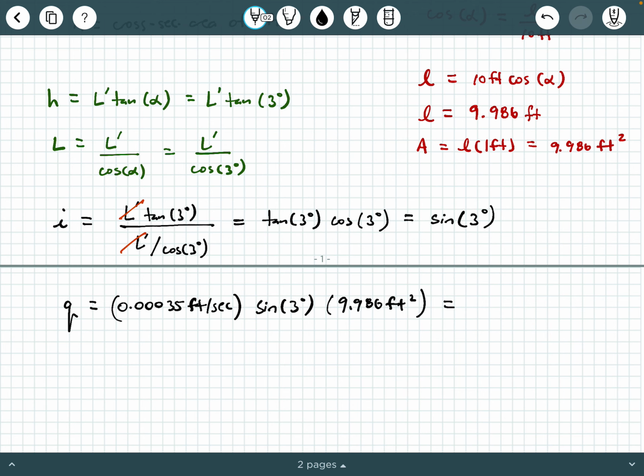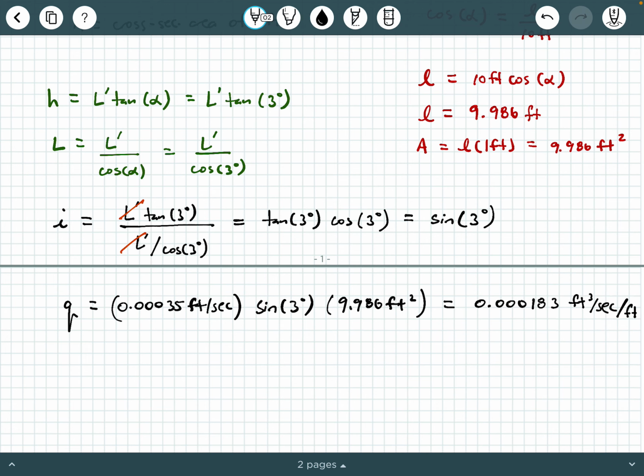Let's do some calculations. I'm pulling out my TI-36X Pro, 0.00035 times the sine of 3 degrees multiplied by 9.986. And so I get 0.000183 cubic feet per second. And remember, this was on a per foot basis because we had that unit of 1 foot coming out of the screen at us. So I can also write this as per foot.